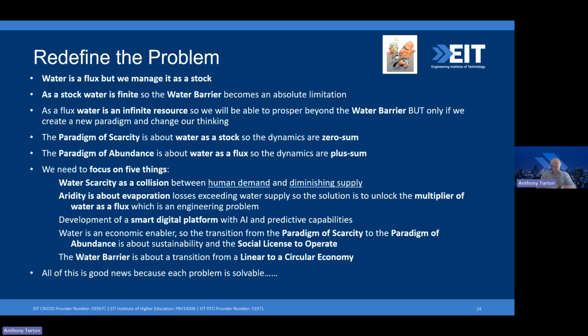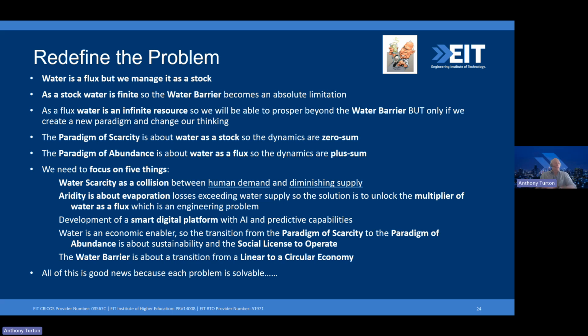So think of water scarcity as a collision between human demand that's growing and diminishing supply. Places like Water Corporation in Perth have to constantly expand their water supply, because human demand is growing, and where do you get that extra water from? Desalination of seawater, recovery of water from waste, and so on. But think of water scarcity as a collision.